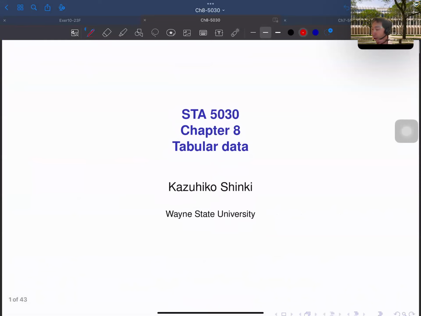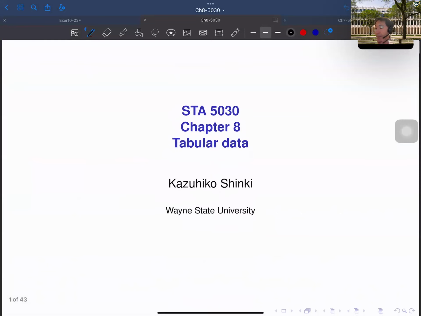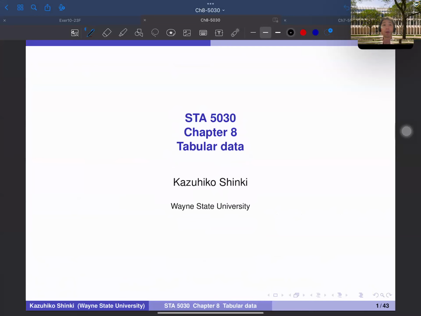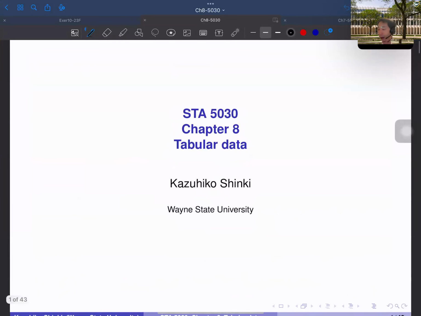In statistical analysis, the important thing is how the response and predictor look. We studied linear regression in chapter 6, where the predictor is continuous and the response is continuous. So this is regression, chapter 6.